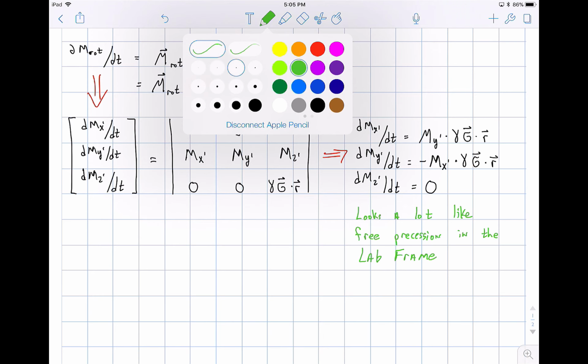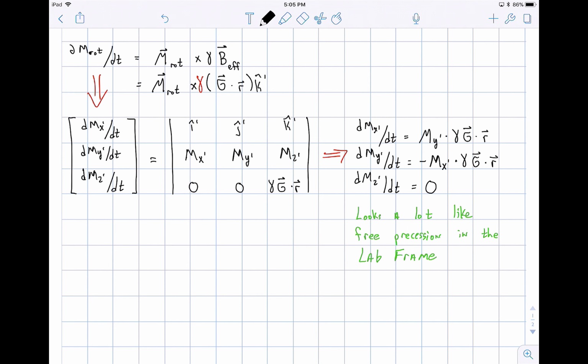So the good news is I won't drag you through the solution. We can jump ahead a little bit and have an expectation. So what is that expectation? When you see Mx coupled to My and My coupled to Mx, what's going to be happening to the magnetization? What kinds of solutions do we expect?